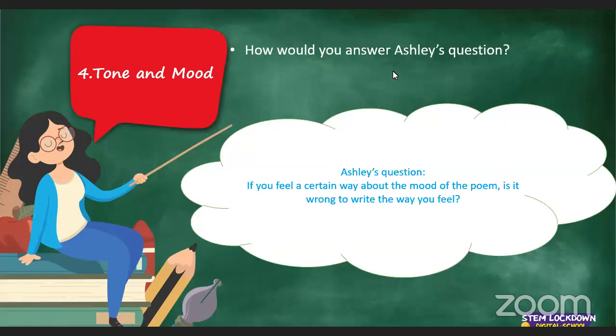I don't think you can just say the tone, it's an exaggeration. Okay, I see someone saying that. No, it is not wrong. Okay, I need to read that again. No, because mood is how we feel about the poem, so it shouldn't be wrong. Okay, that's correct.